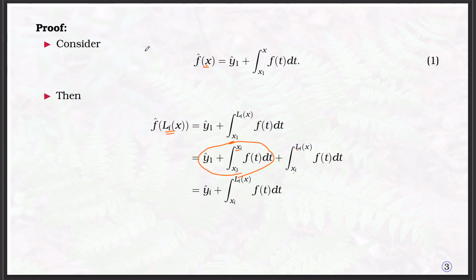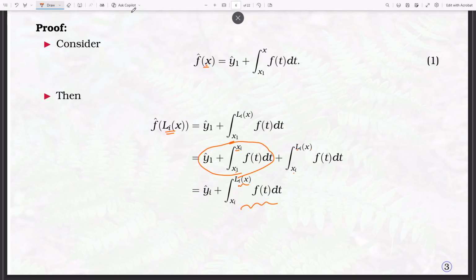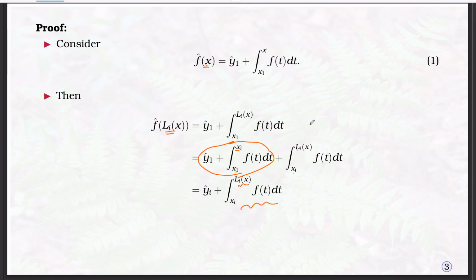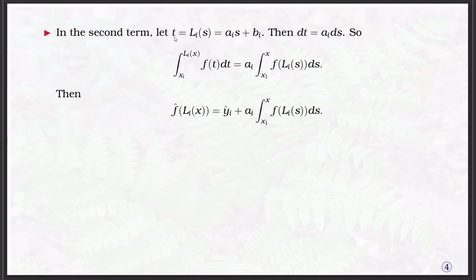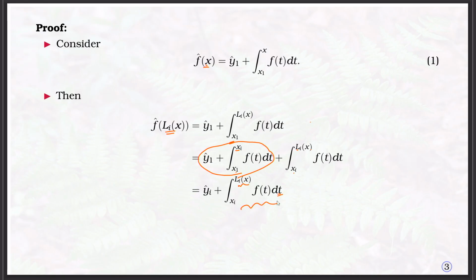Now, in this second term we can use the change of variable. Take t equal to Li of s.